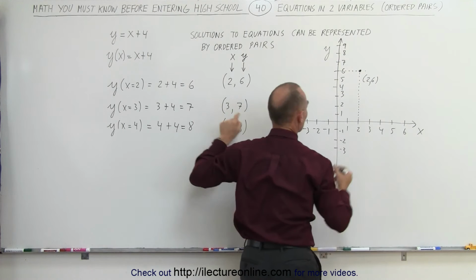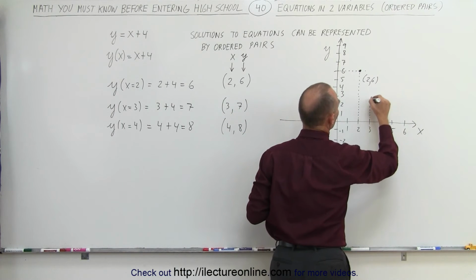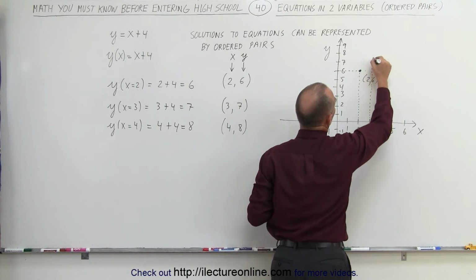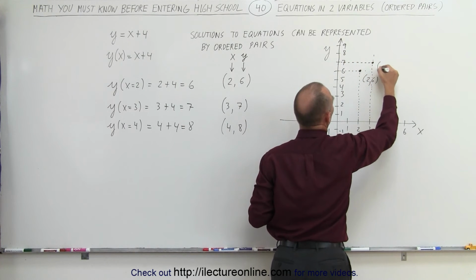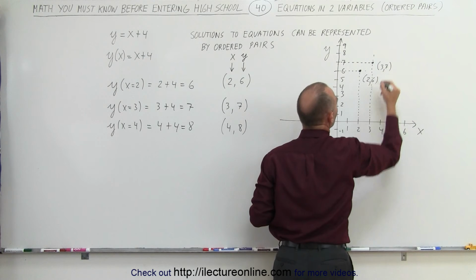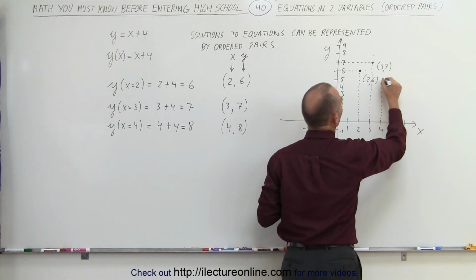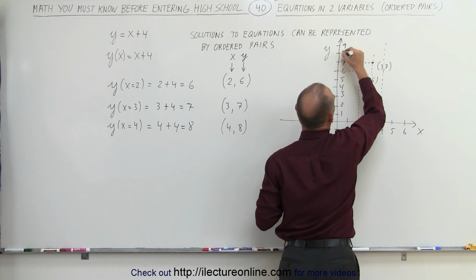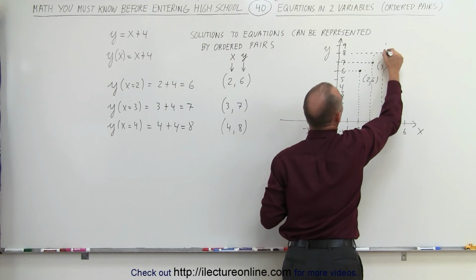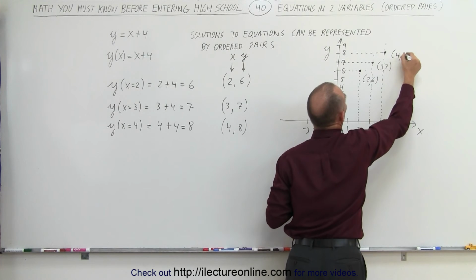We can do the same for 3 and 7. We draw a vertical line straight up like this, and we draw a horizontal line for number 7 where the two meet. That's where we have the ordered pair 3 and 7, and we can do it again for 4 and 8. Draw the vertical line for the number 4 this way, and a horizontal line for number 8 where the two meet. That's where we have the ordered pair 4 and 8.